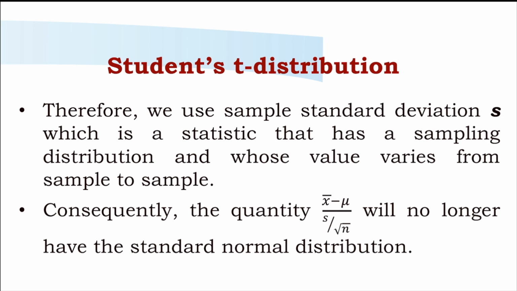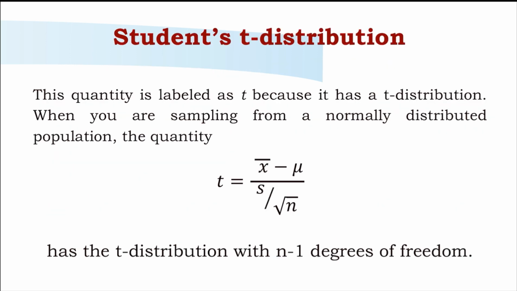Consequently, the quantity x bar minus mu over s divided by the square root of n will no longer have the standard normal distribution. This quantity is labeled as t because it has a t-distribution. When you are sampling a normally distributed population, the quantity t is equal to x bar minus mu over s over the square root of n, and it has the t-distribution with n minus 1 degrees of freedom.